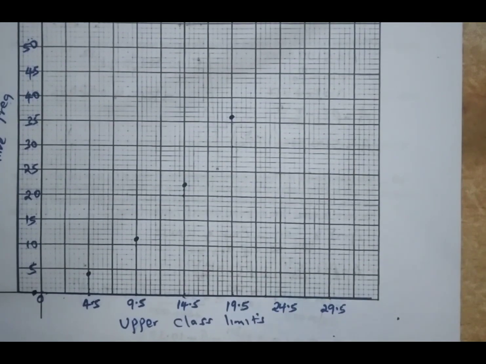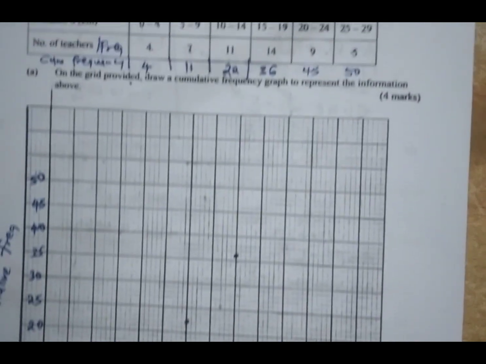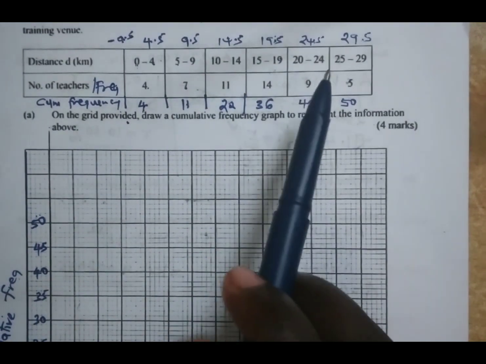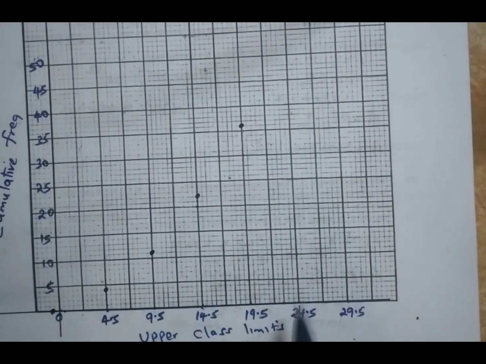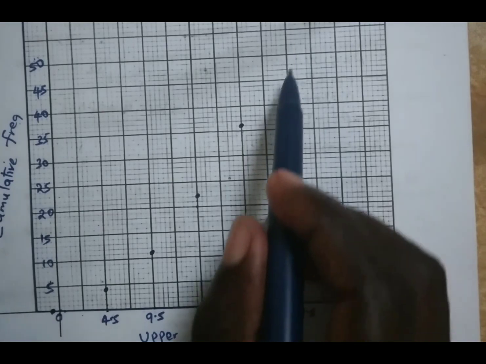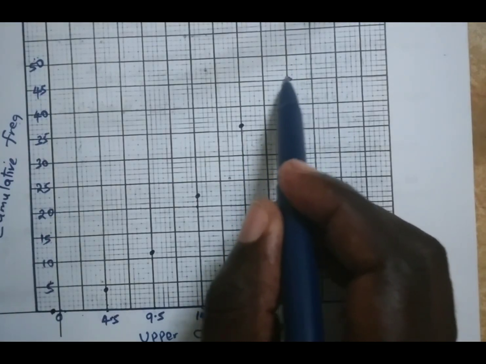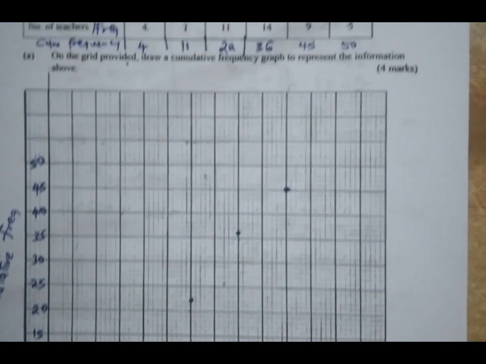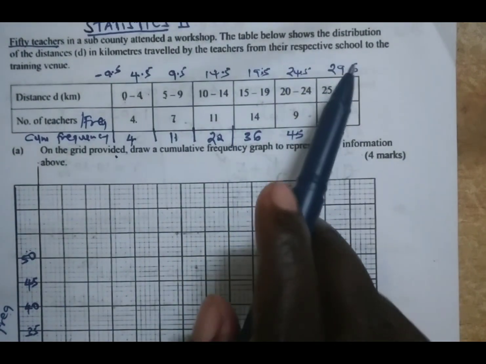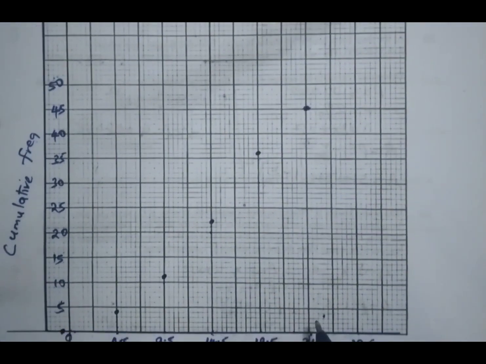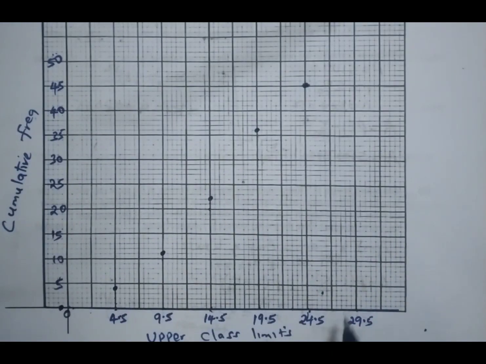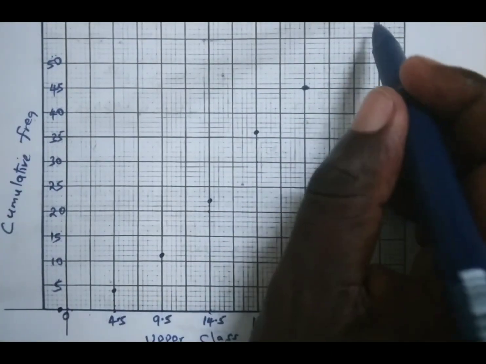Then at 24.5, we have 45 here. And lastly, at 29.5, we have 50.